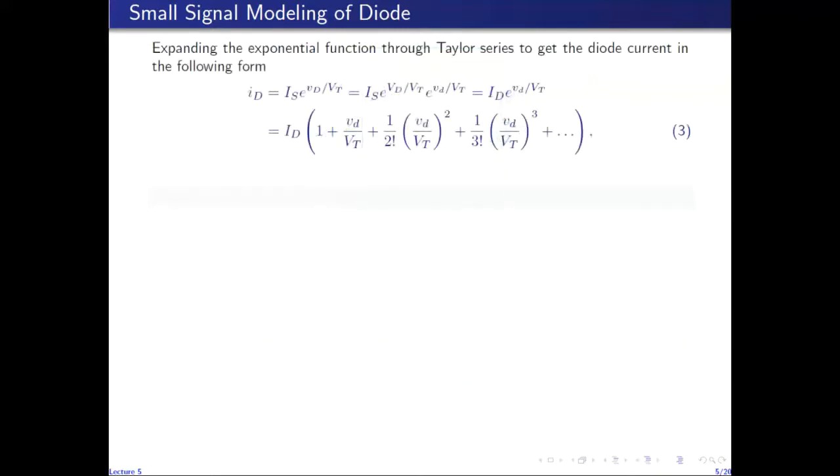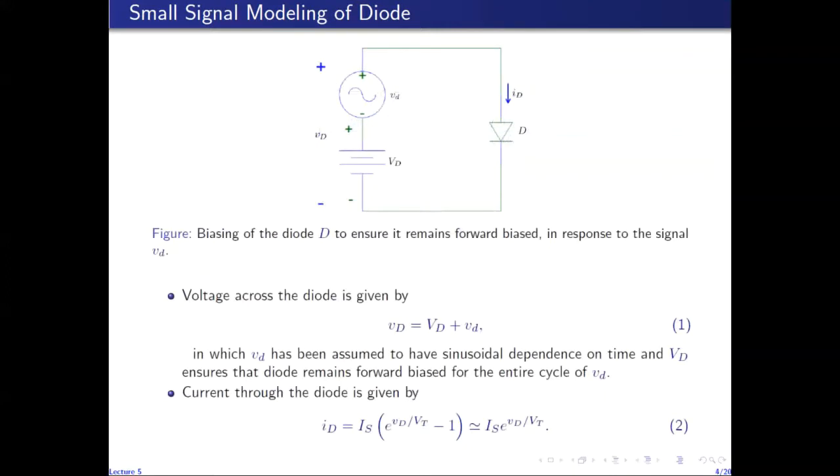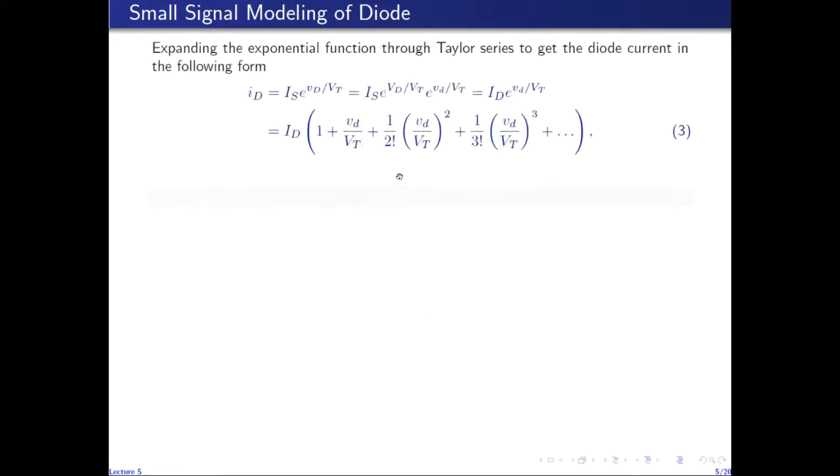As can already be seen from this relation, iD has an exponential dependence on vD, and we can actually mathematically see the nonlinearity of this relation by first of all dividing this vD into DC and AC source, denoting this DC term as ID, and then expanding this exponential function in a Taylor series around 0.